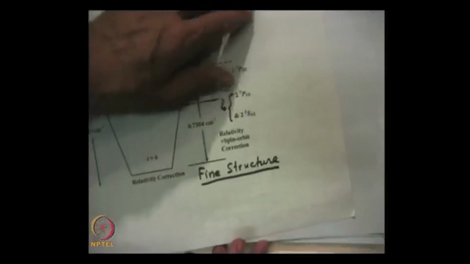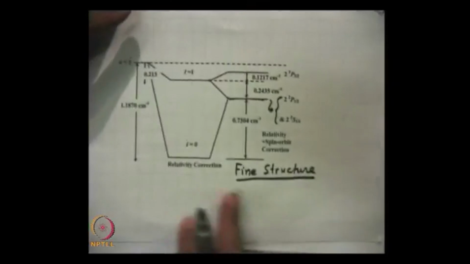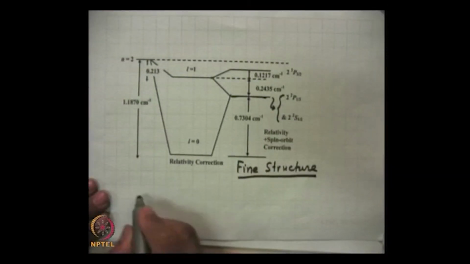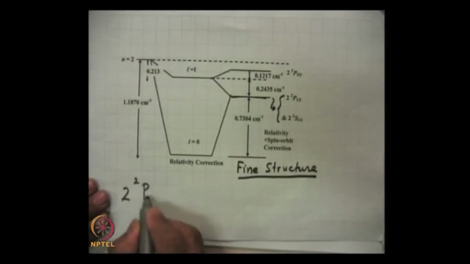Now, if I look at the 2 doublet P 3 by 2 state, L is equal to 1, S is equal to half, and J is equal to 3 by 2.